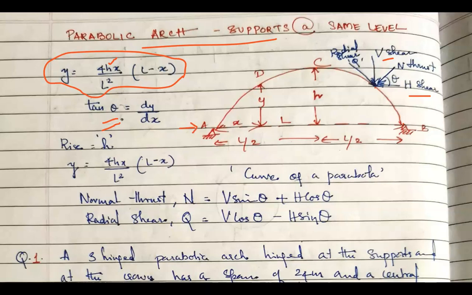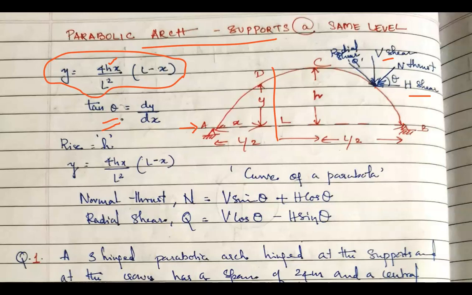So at any section you have vertical shear, which is the algebraic sum of the vertical forces considered up to the section, and horizontal shear, which is the algebraic sum of the horizontal forces.